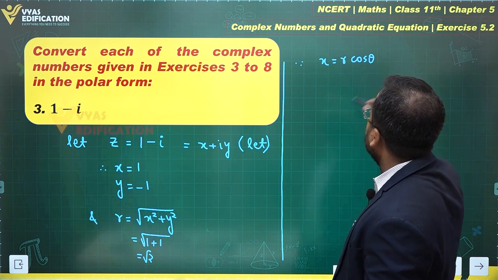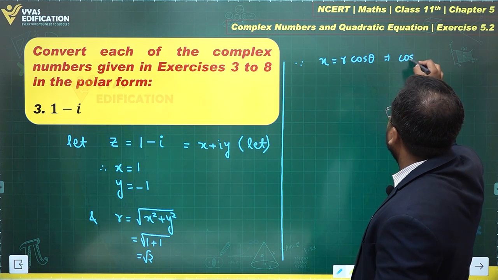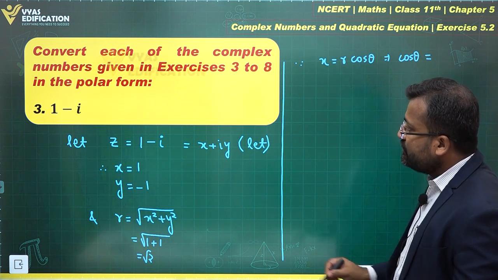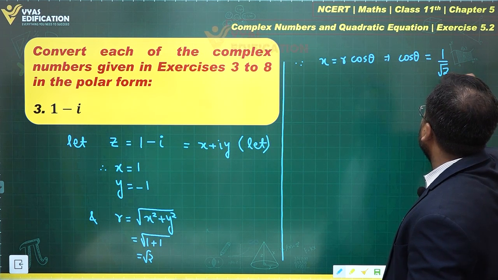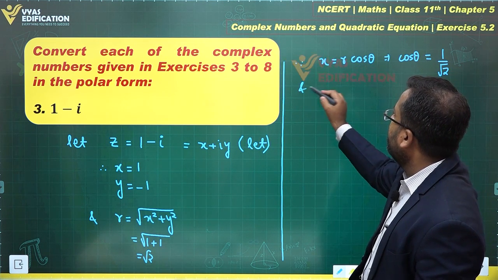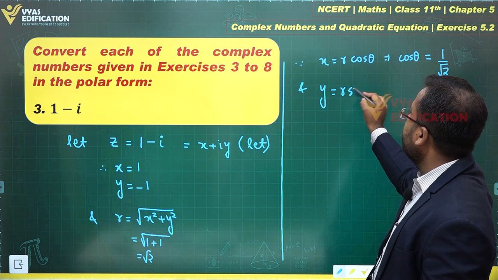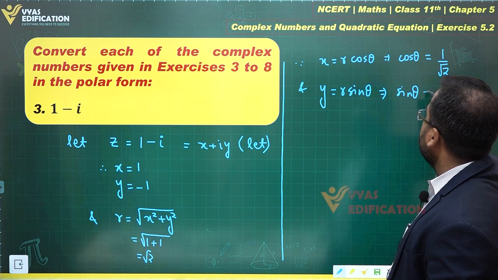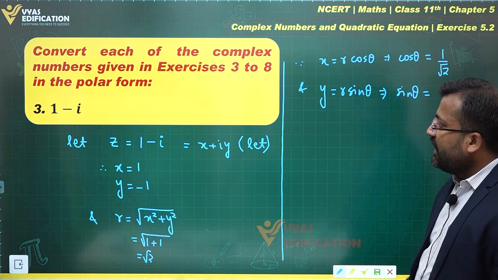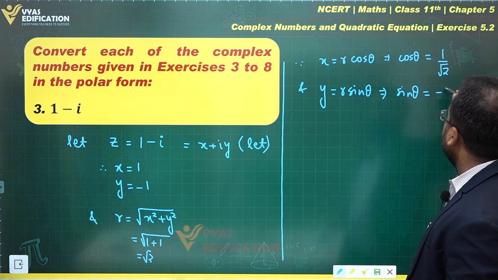Since x equals r cos theta, this implies that cos theta becomes equal to x over r, which is 1 by root 2. And y is equal to r sin theta implies sin theta is equal to y over r, which is minus 1 by root 2.